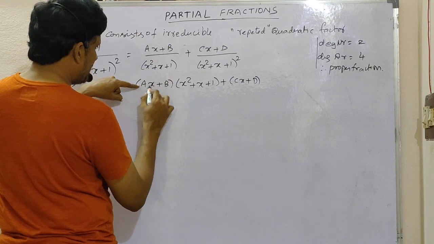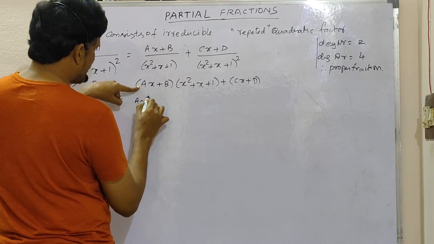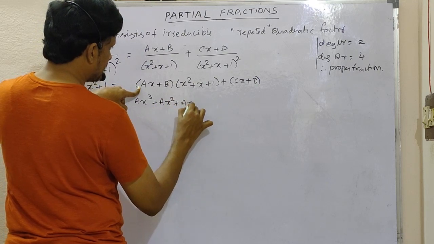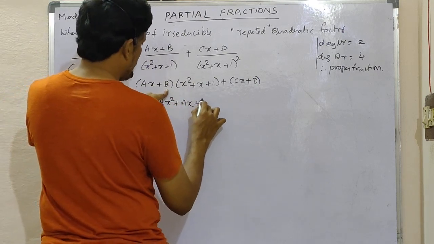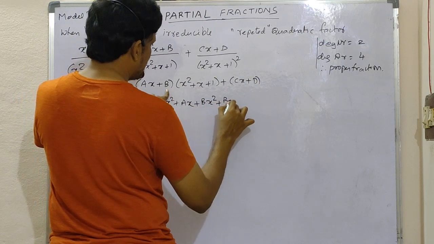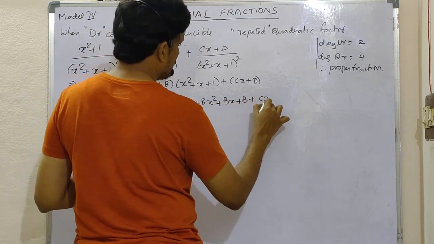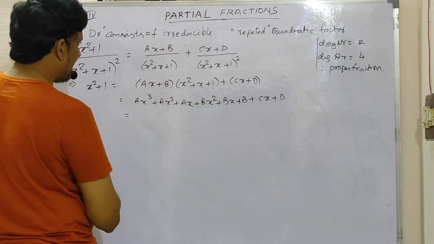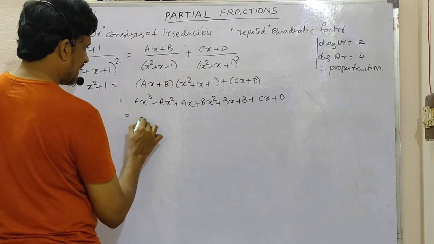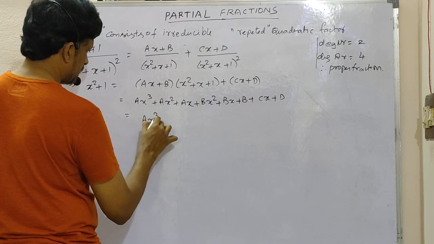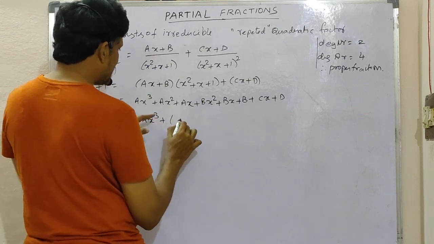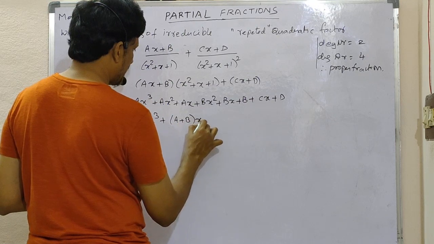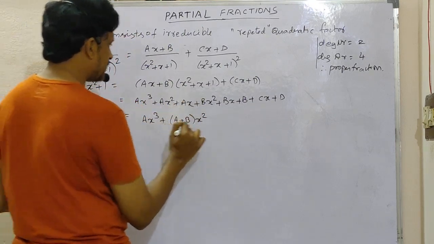This is, if you multiply with the ax, you are getting ax into x square, that is ax cube plus ax square plus ax. Now multiply with b, bx square plus bx plus b plus cx plus d. So there is one x cube term, that is ax cube, plus by taking common x square you are getting a plus b, a plus b x square.